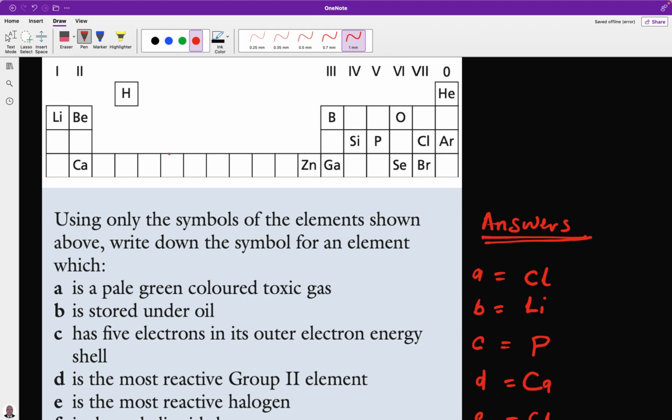Then we move to non-metals, and from non-metals we move to the inert gases or noble gases. So on the periodic table, from left to right, we move from metals to non-metals, and to the inert gases.